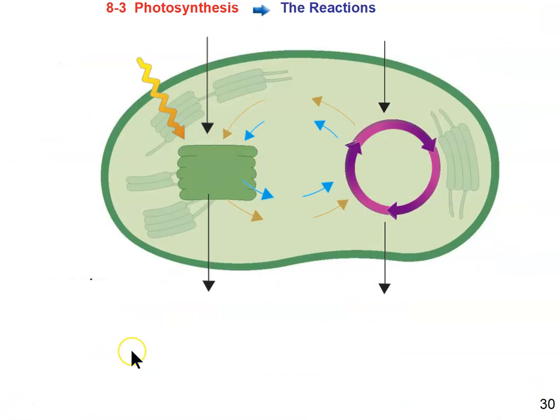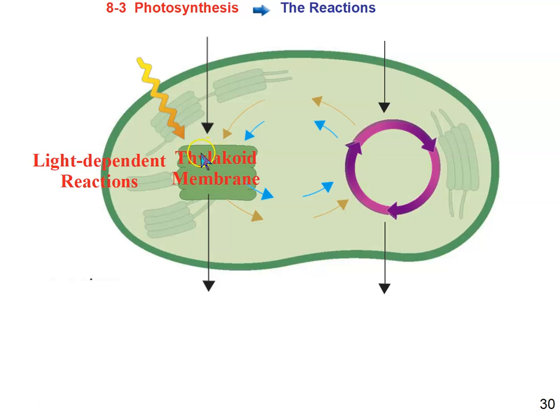So speaking of the light-dependent reactions, those are taking place here in the thylakoid membrane. So what we were just looking at on the previous slide is a molecular level view of what's going on in the thylakoid membrane. And those are the light-dependent reactions. So the light-dependent reactions take place in the thylakoids, and more specifically within the membranes of the thylakoids.